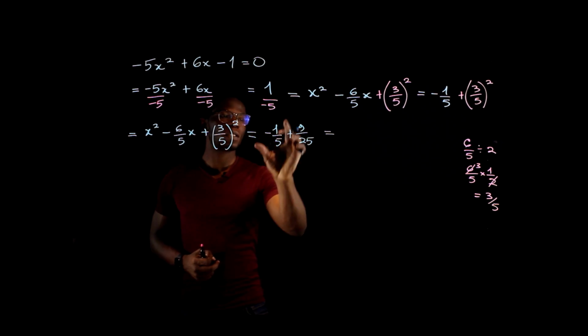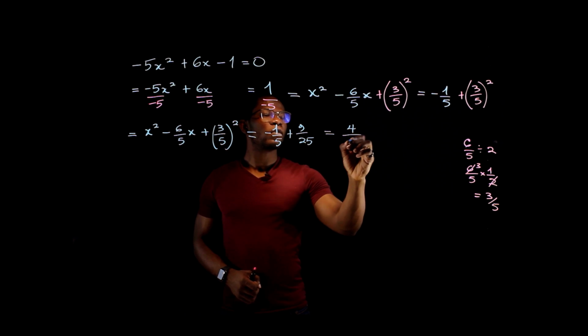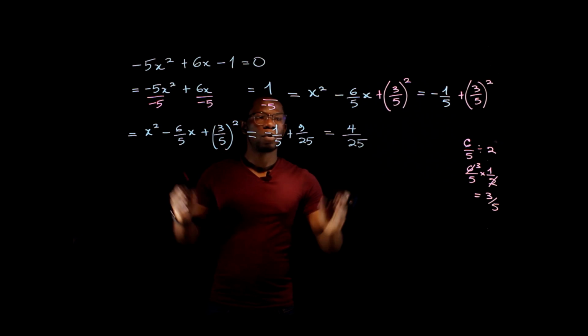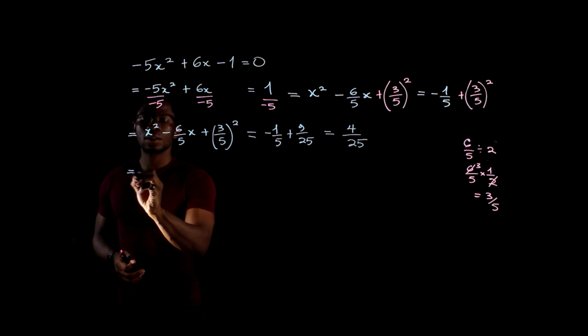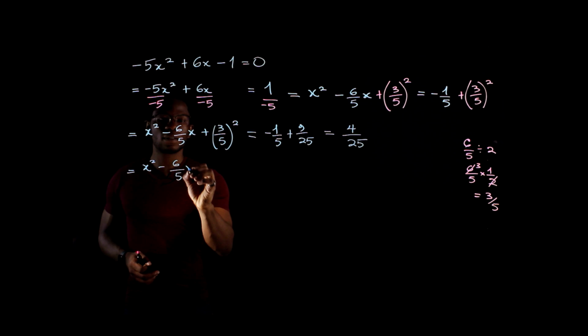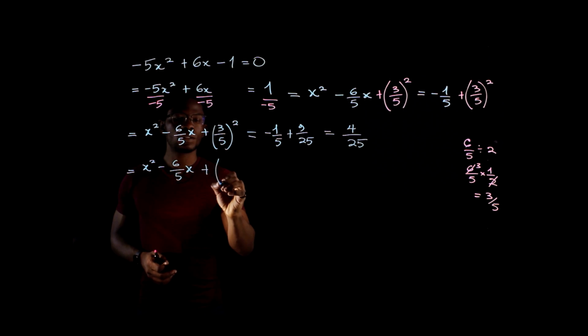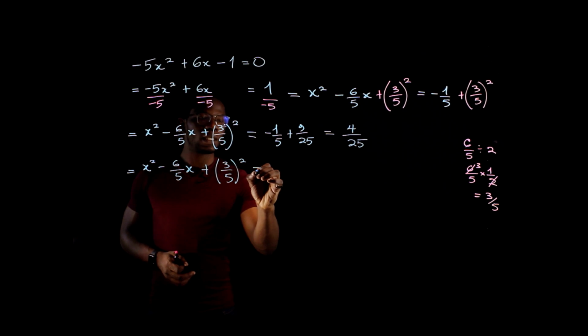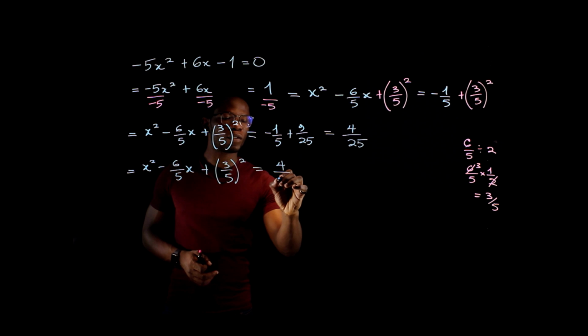Now if you solve this, you have 4 over 25. So we can then write our equation as x squared minus 6 over 5x plus 3 over 5 squared equals 4 over 25.